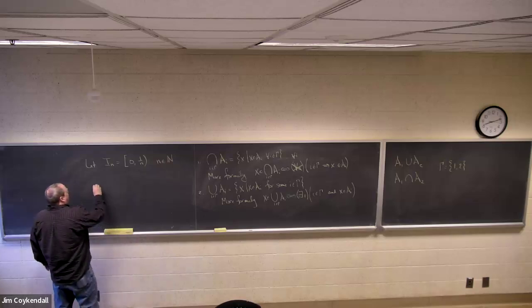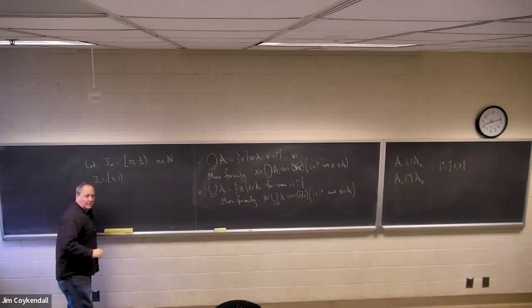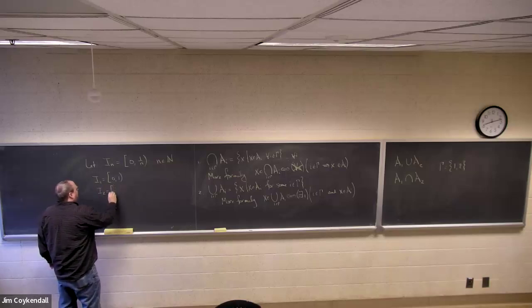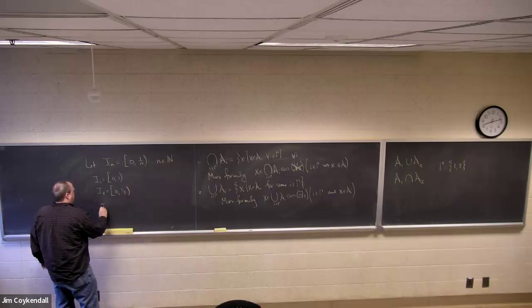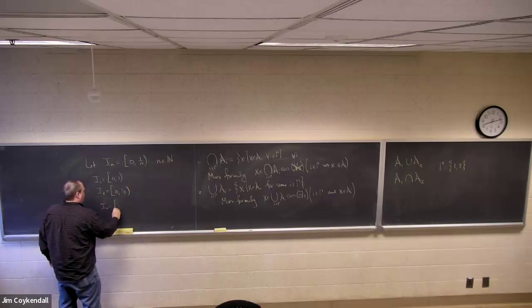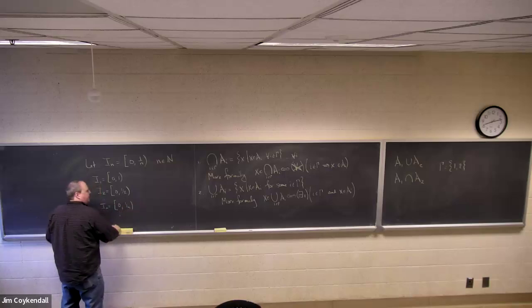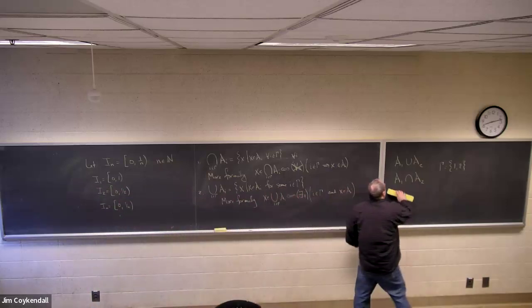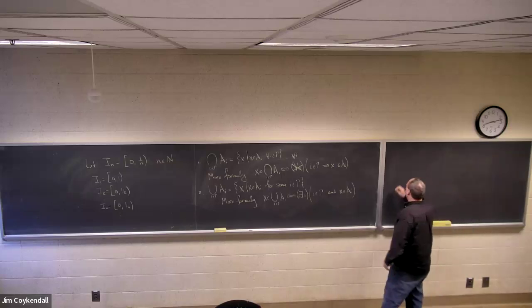I_1 is the interval from 0 to 1. I_2 is the interval from 0 to 1/2. I_n is the interval from 0 to 1/n, forever and ever. So if I wanted to intersect all these, I might write it this way.